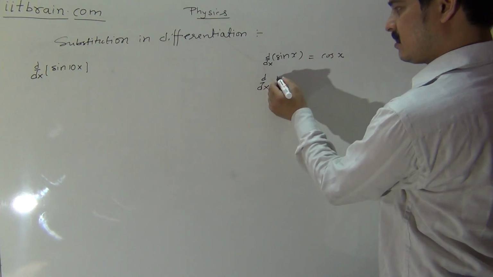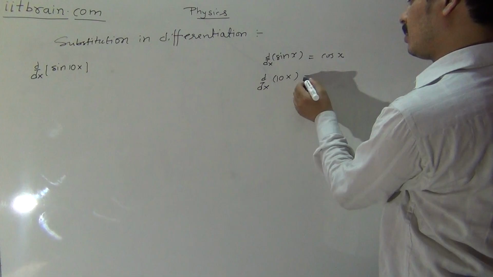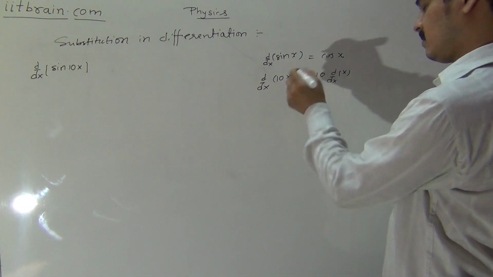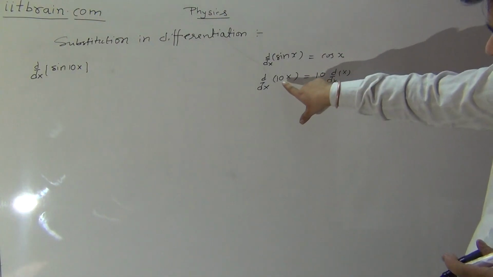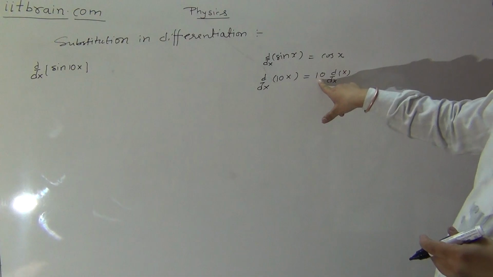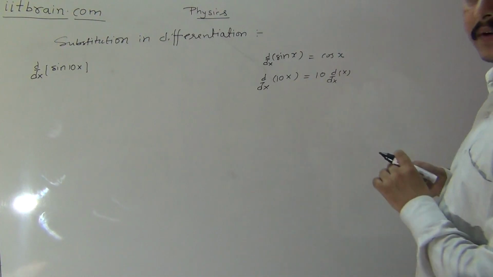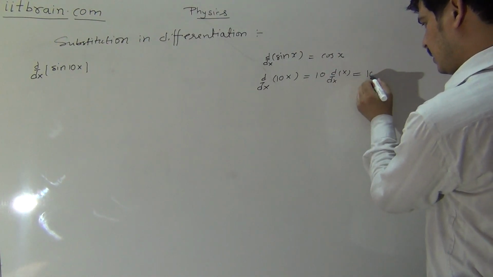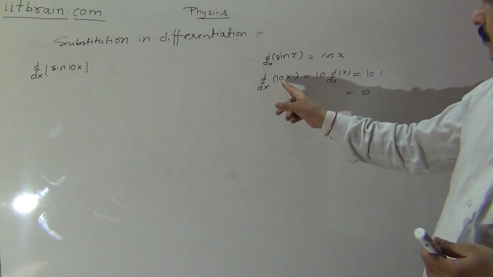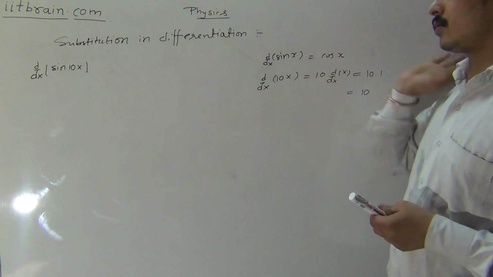Similarly, if tan x is a different problem, then absolutely answer will be 10 into differentiation of x. This we have discussed earlier कि अगर कोई constant included है, then you can take this constant outside and differentiate the function given. On solving this, you will get 10 into 1, it is 10. So differentiation of tan x is 10, differentiation of sin x is cos x.